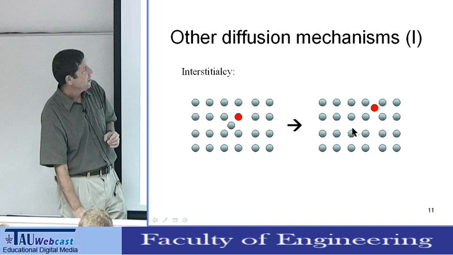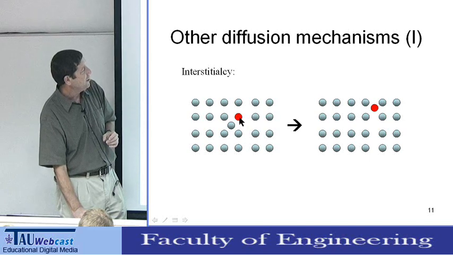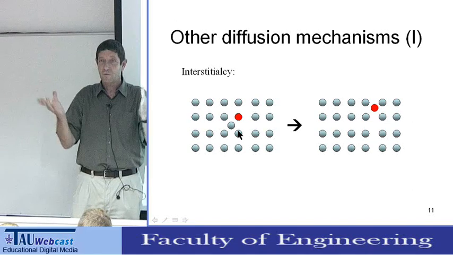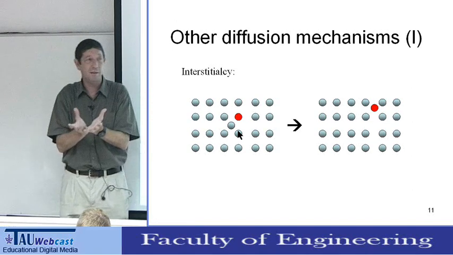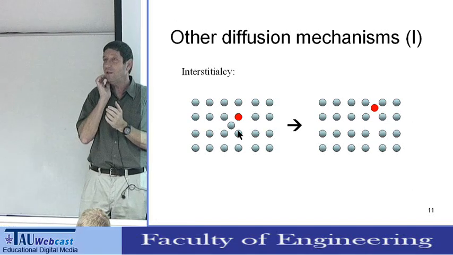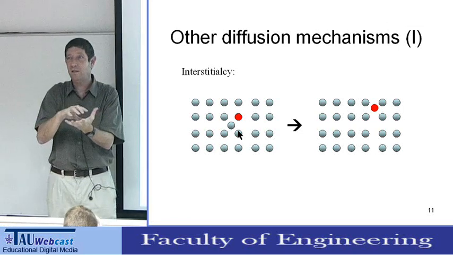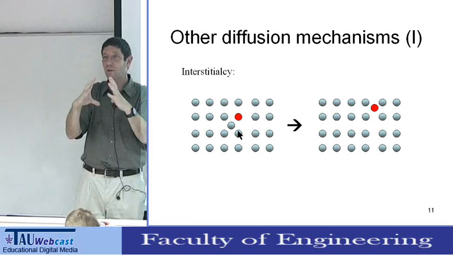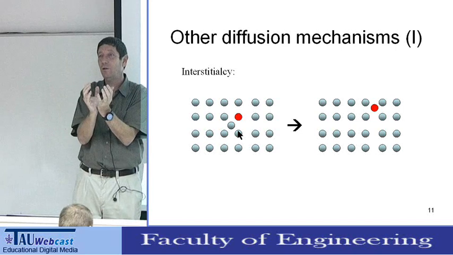Imagine that the red atom is a small atom, and if it's a small atom, this blue atom will move slightly inside. So you will have some strain field inside the lattice. So there is not only the energy of creating a vacancy, but the elastic energy of the crystal next to the atom inside the crystal.